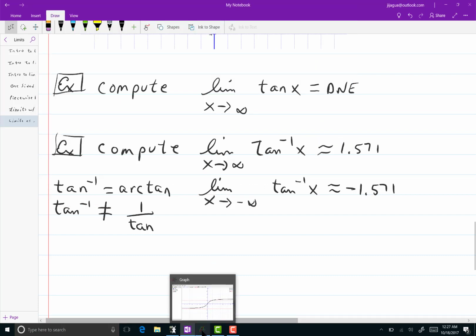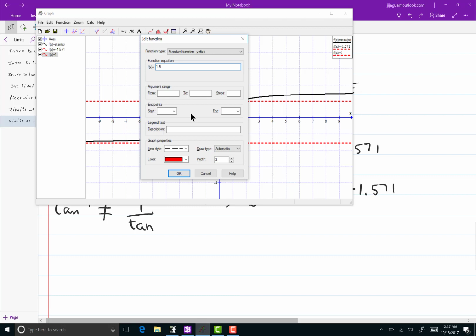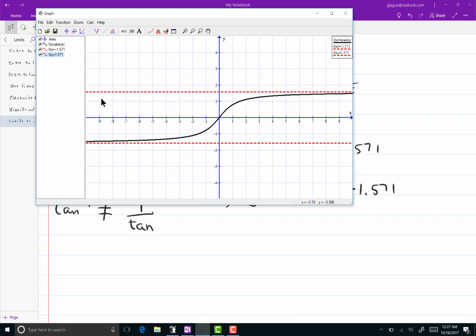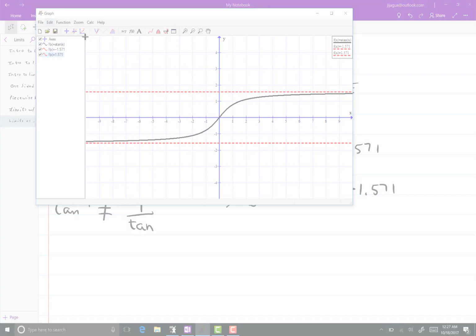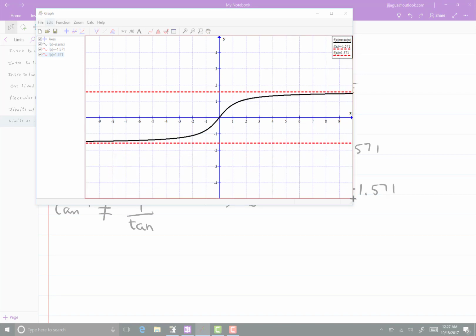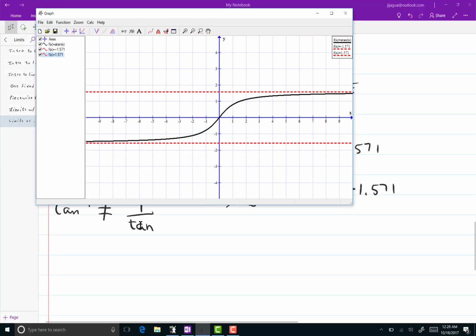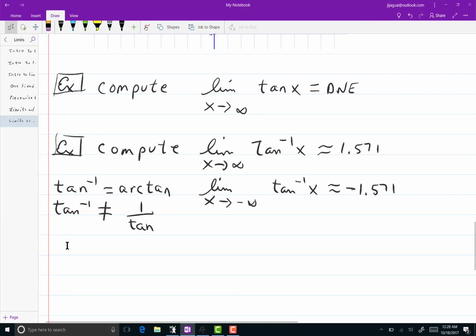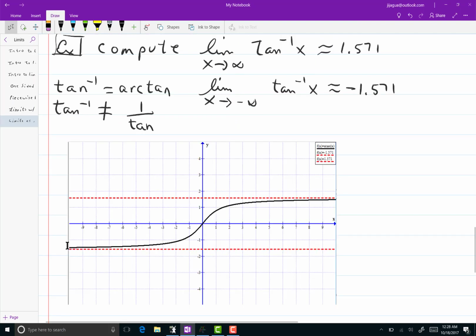I touched something. Come back here, graph. Okay. Now, you can see that the graph is totally between those two horizontal asymptotes. It actually should be no surprise. The horizontal asymptotes are occurring at negative pi over 2 and positive pi over 2. But that's not required.